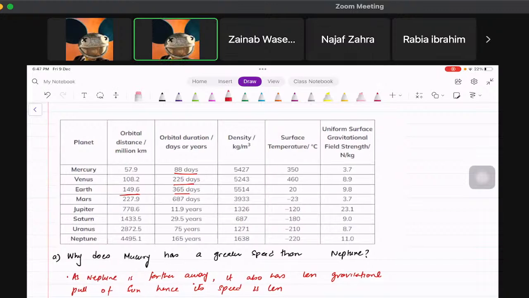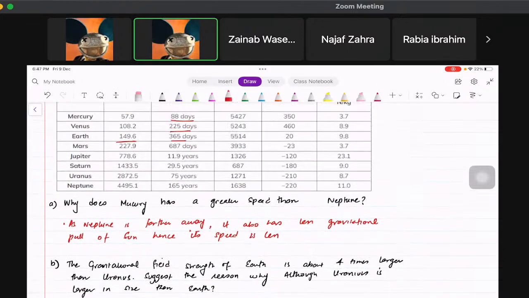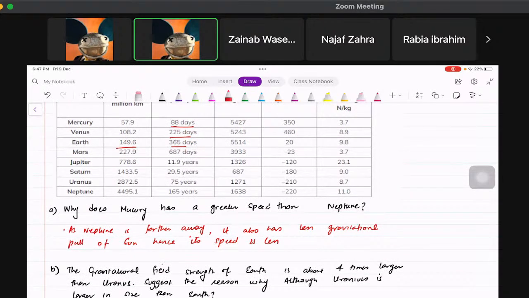Now the next one says the gravitational field strength of Earth is about 4 times larger than Uranus, which is true. No, wait. The gravitational field strength of Earth is about the same as Uranus. So that's the reason why, although Uranus is 4 times larger in size.